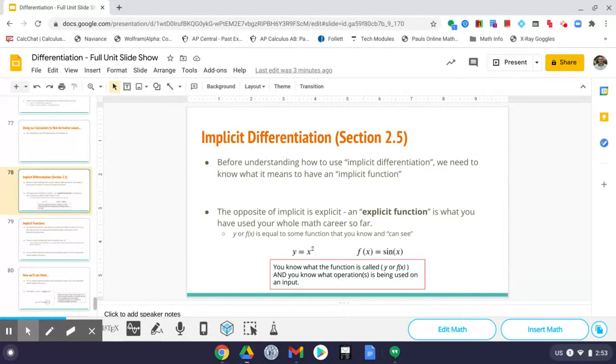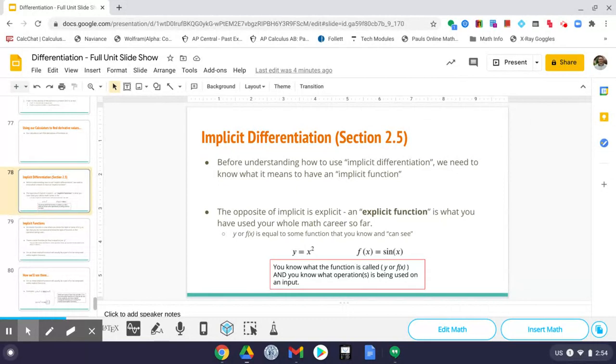And by that, I mean, you know that it's labeled either y or f of x, and you know that that value, y or f of x, is equal to x squared or sine x or e to the x or whatever the function may be. Everything there is right in front of you, right? I know that seems kind of strange, but, well, yeah, of course. How else would I use an input to get an output, and so on and so forth?